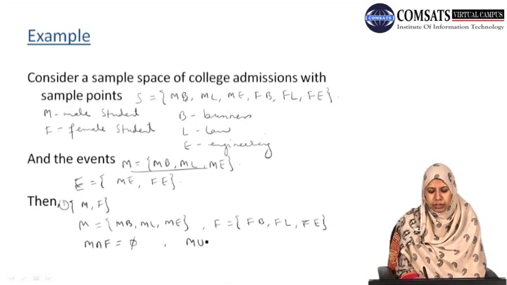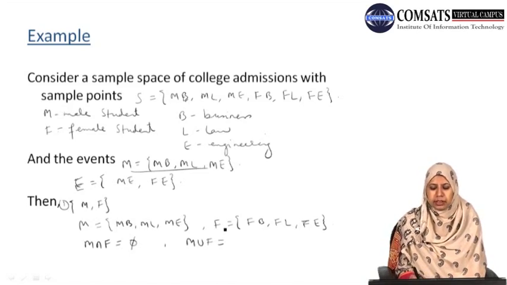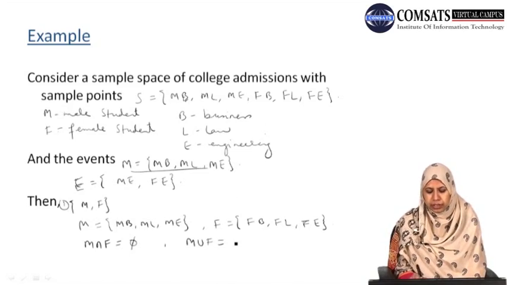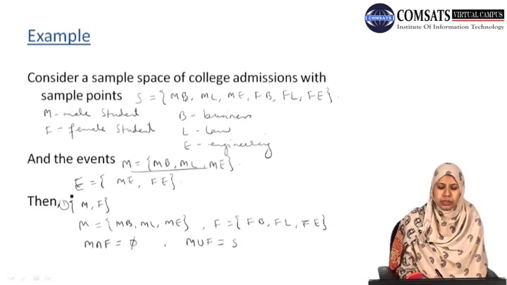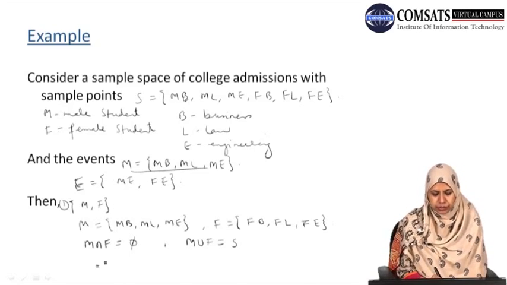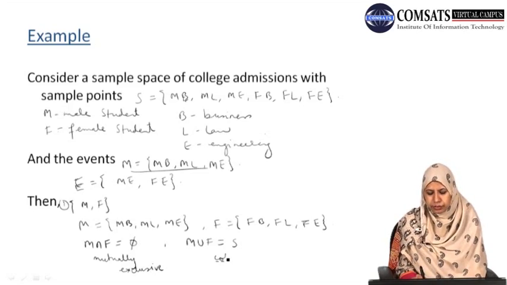And if we take the union of these two events, then the union gives us the whole sample space, which means that these two events defined with respect to the sex, that is with respect to the male student or with respect to the female student, are mutually exclusive as well as collectively exhaustive.